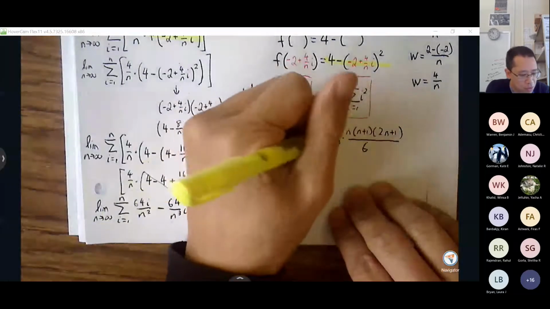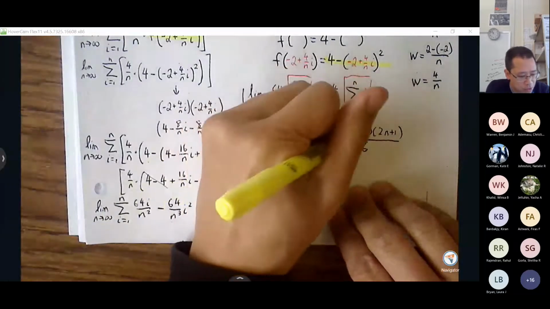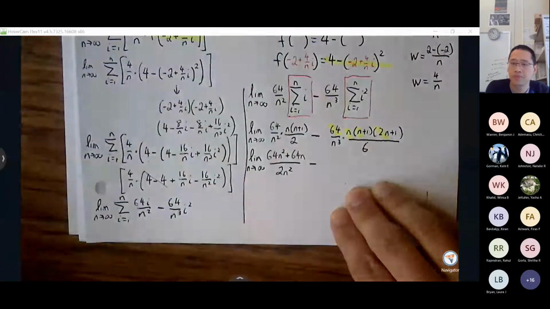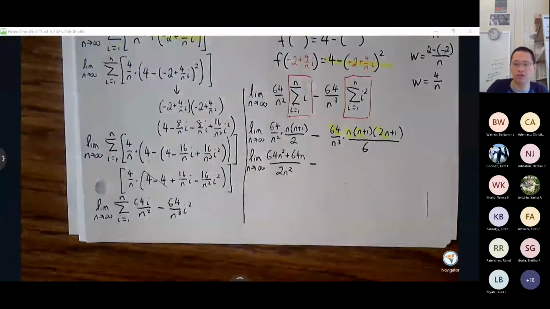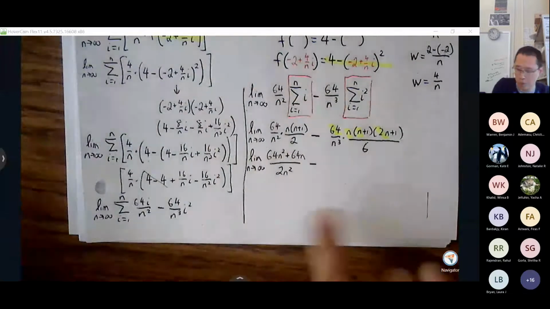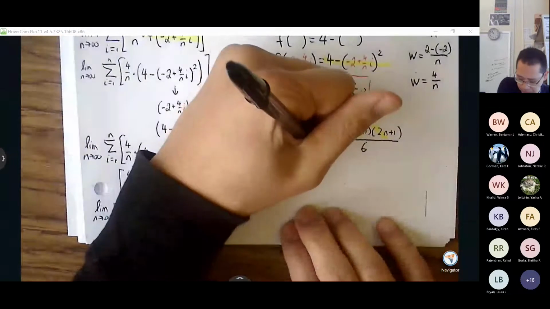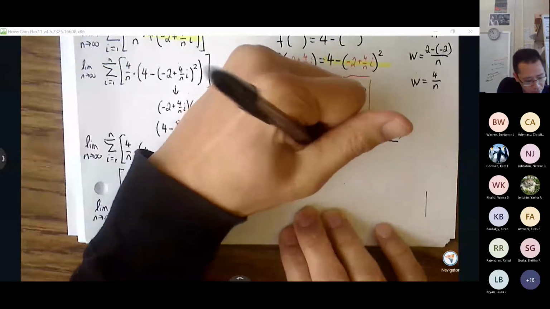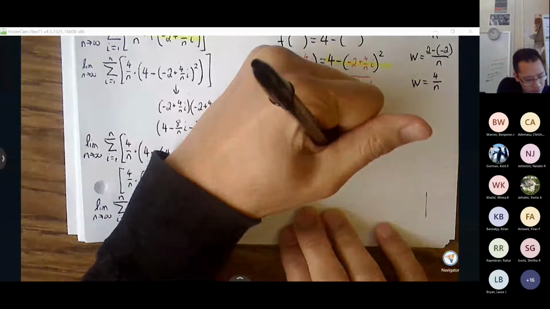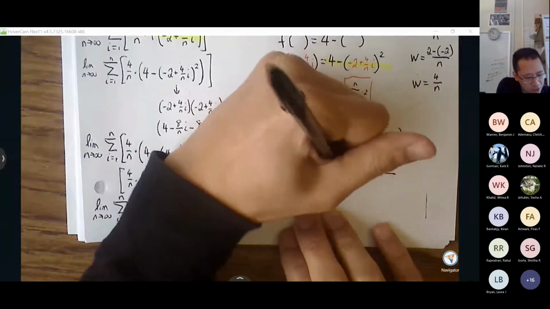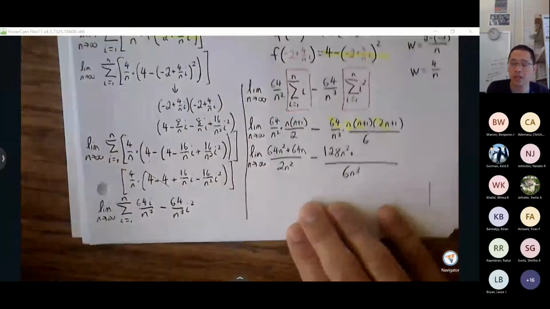So all you have to do is worry about that 64 with the n, with the n, with the 2n. Everything else is just going to kind of fall away. So if we were to multiply that out, you would get 128 n cubed, plus... the rest of the terms don't matter because they all have a lower degree.